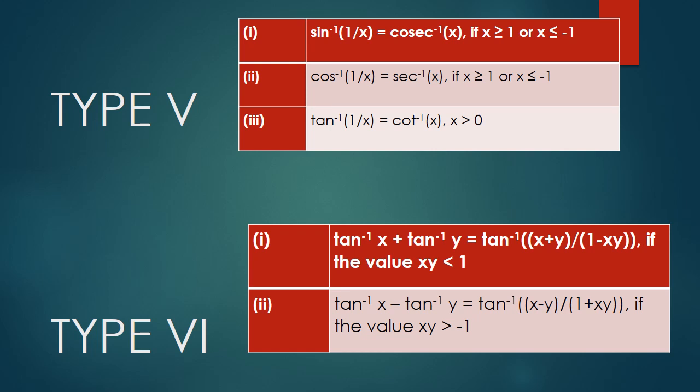Similarly, tan inverse x minus tan inverse y will be equal to tan inverse of (x minus y) upon (1 plus xy), where the product xy should be greater than minus 1. The sixth type formula is one of the most important formulas, which will be used in the maximum number of questions.